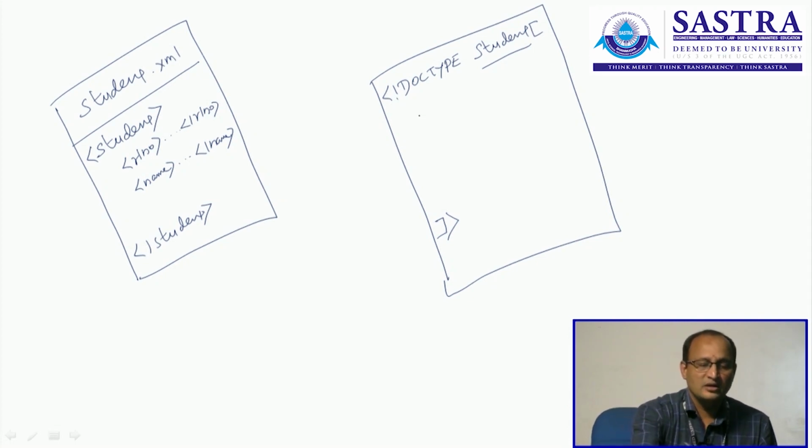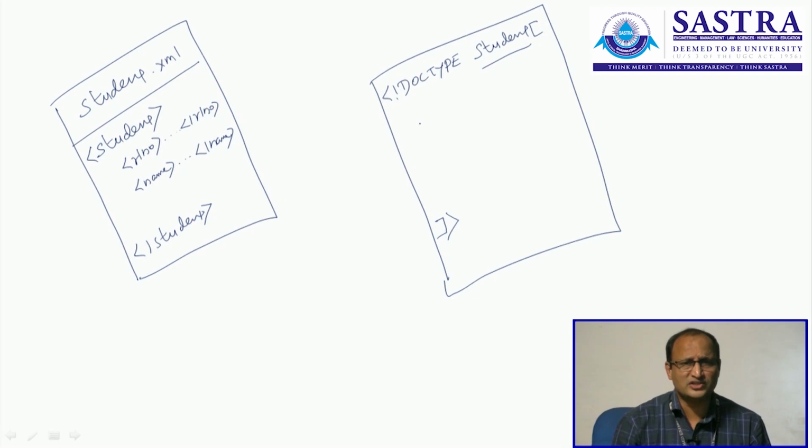Then we have to start writing about the skeleton. What is the skeleton? What is the structure of my XML document? The structure is how many child elements, what the child elements are, whether any attribute is included for child elements, and what text I have given. This is the structure of an XML document.